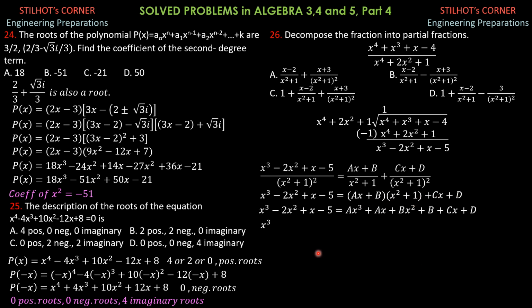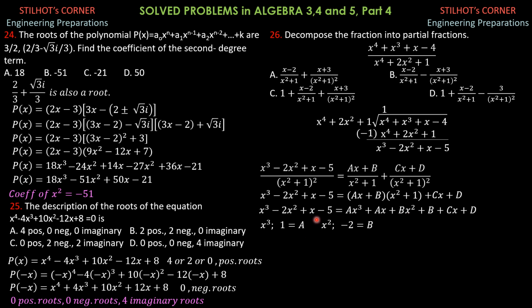We then equate coefficients of x cubed. Then we have 1 equals, there's only one third degree term in the right side, so equals a. So a is 1. Then x squared, coefficient of x squared, negative 2 equals b. So b is negative 2.